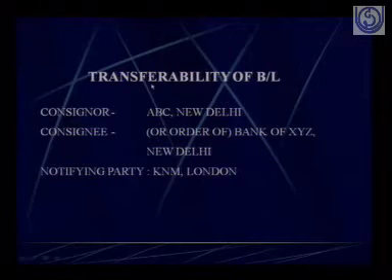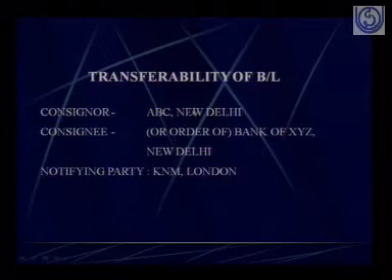For example, in this case, let us say the consignor is ABC New Delhi. Consignee, we are writing "or order of" Bank of ABC, XYZ, whatever. Then the notifying party is, let us say, K&M London.